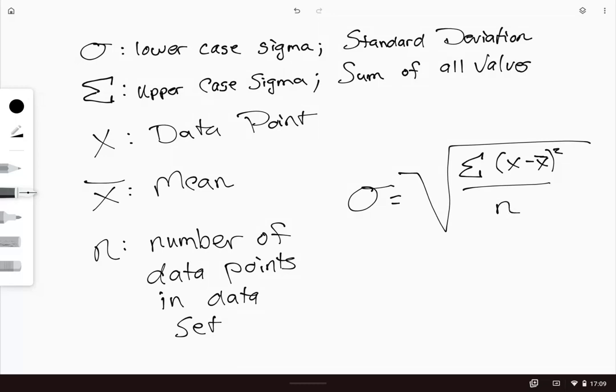All right, so that's how you would read this formula for standard deviation. Standard deviation equals the square root of the sum of all the data points minus the mean squared divided by the number of data points.